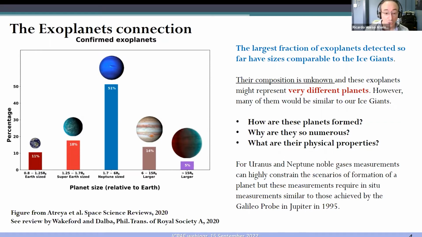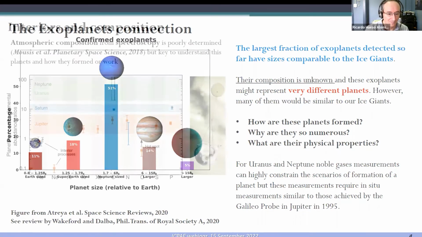And of course, to understand how these planets form, we need to have a good understanding of the chemical composition, and we need to go inside the atmosphere and measure the components of the atmosphere in a way similar to what the Galileo probe made in Jupiter in 1995.